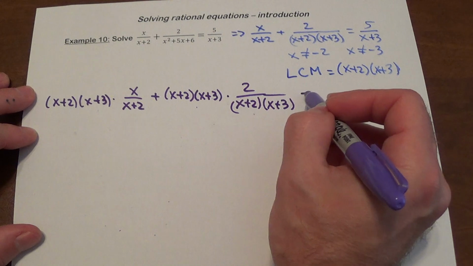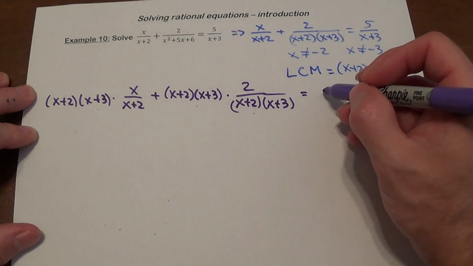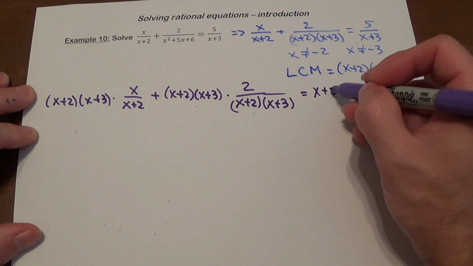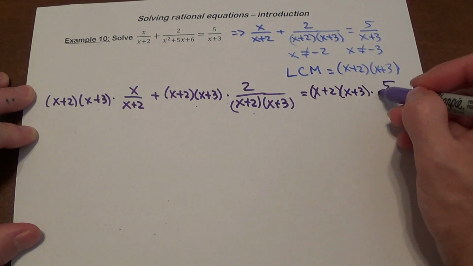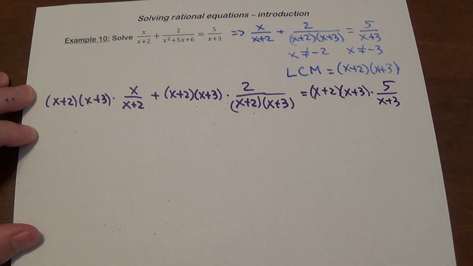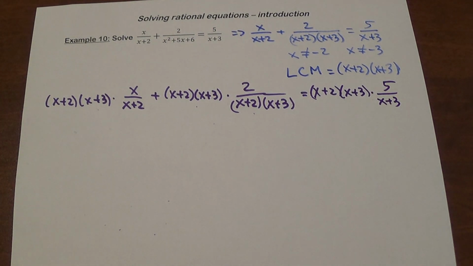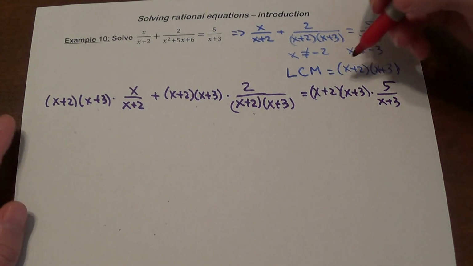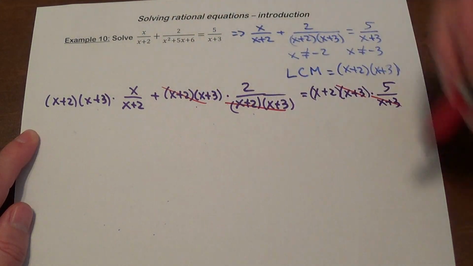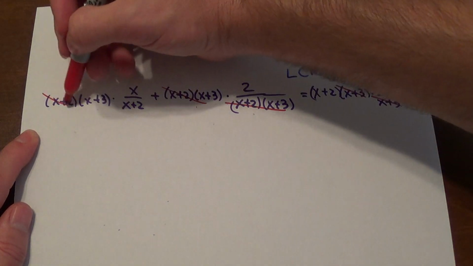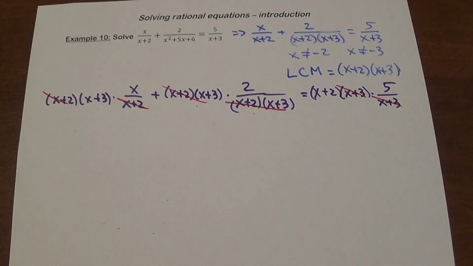So we got that, and finally, alright, so let's cancel what we can. Here we can cancel x plus 3. Here you can cancel this entire thing. And here you can cancel x plus 2. So it's going to look a lot better after this.